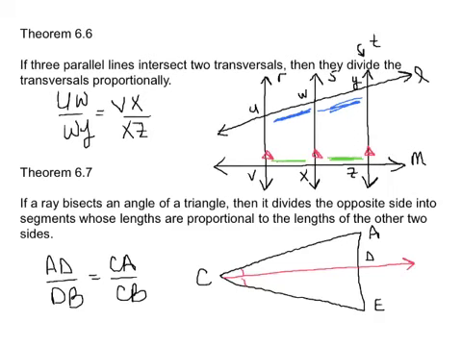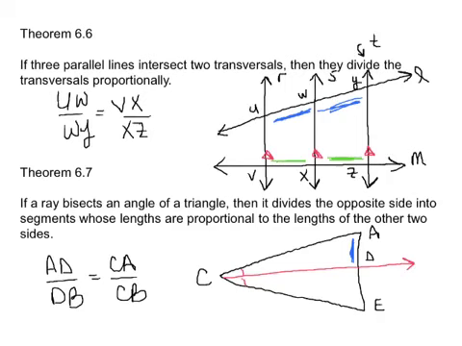Next, theorem 6.7. If a ray bisects an angle of a triangle, then it divides the opposite side into 2 segments whose lengths are proportional to the lengths of the other 2 sides. So AD over DB. I lost B. Let me look at the book.